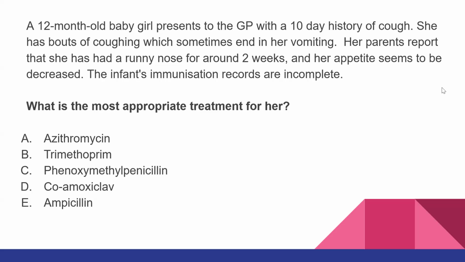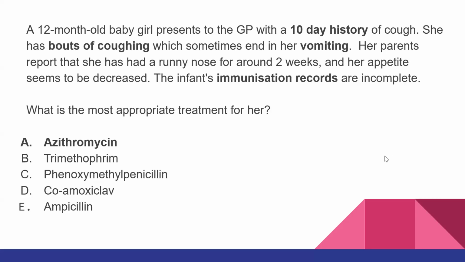So again, if you haven't done your peds and this is all new to you, don't worry. There are some signs there indicating the diagnosis, and then it's just about learning the treatment. The treatment would be azithromycin. The vignette is trying to get to whooping cough.